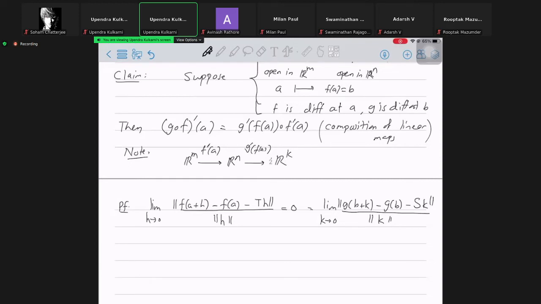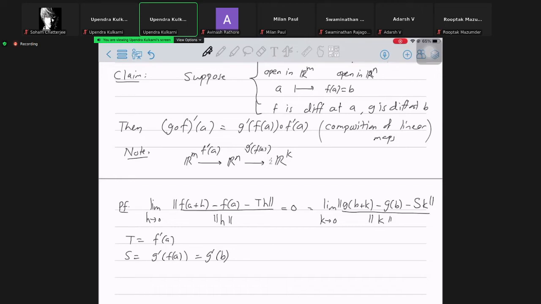Of course, I take the norm to have just a limit as a real number. Where p is equal to f prime of a and s is the map g prime of f of a, which is the same thing as g prime of b, because I have called b the point f of a.